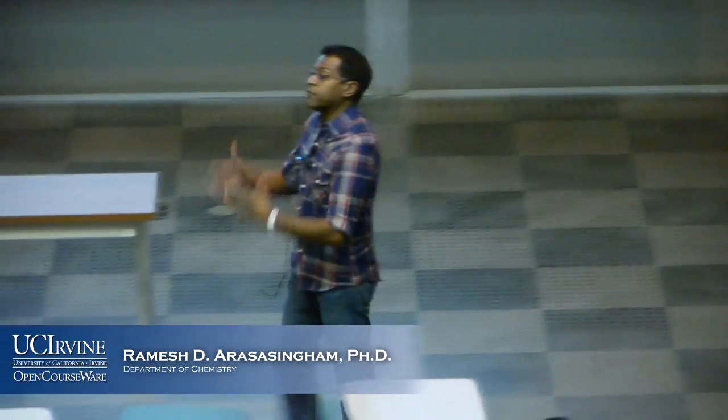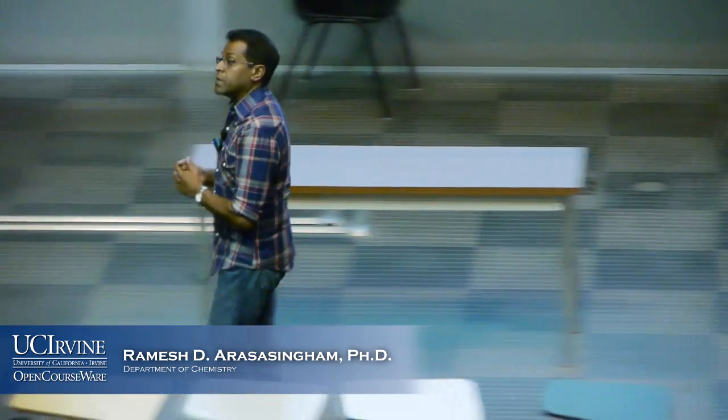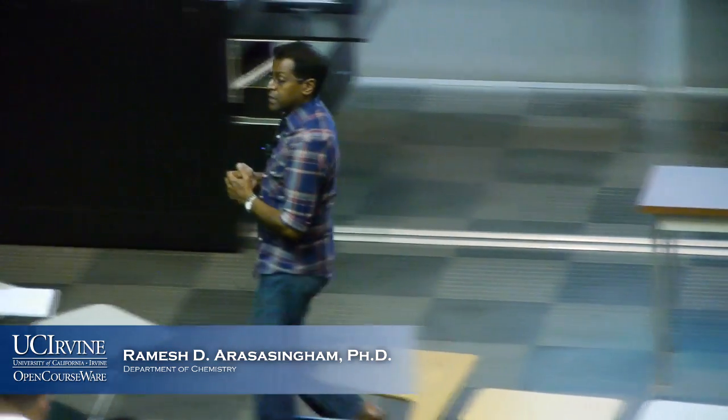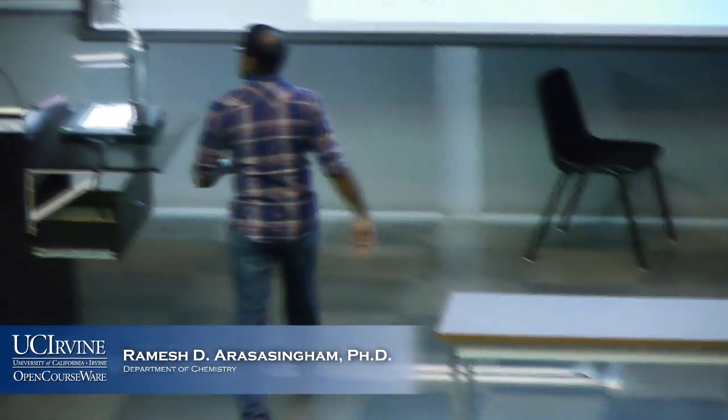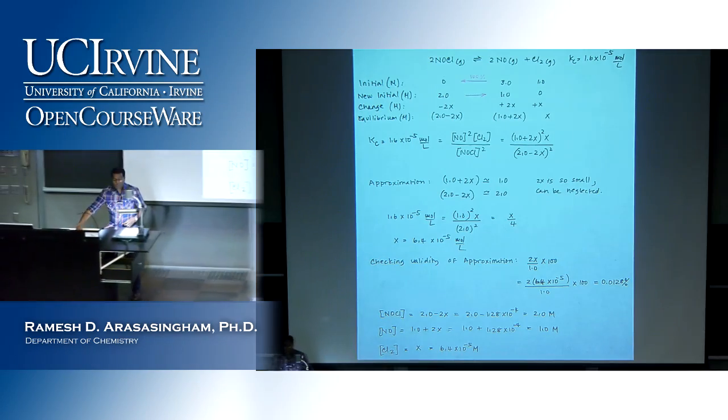Last time we looked at an example where, if we were to follow the general format for solving these problems, you'd end up with an algebraic expression that is very difficult to solve. So we come up with a clever strategy: we make the reaction proceed 100% in the reverse direction.